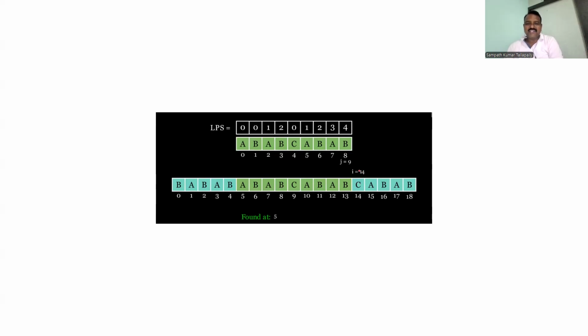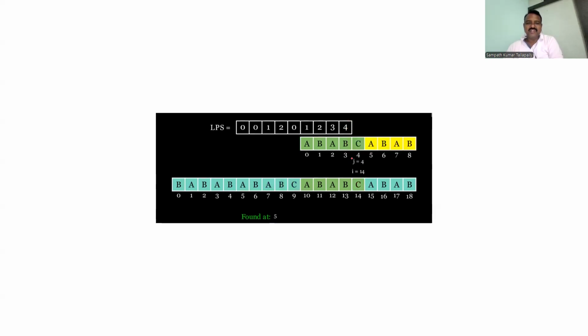No. Whenever this is not found, after comparing this one, we are going to subtract the value of my J with the value which is found in my B. So if I subtract this value from here, now the J value is going to become 4.